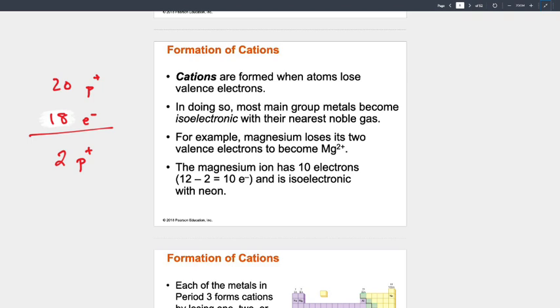Aluminum can lose 3 and look like neon, 13 to 10, or it could gain 5. Which is easier, losing 3 or gaining 5? Losing 3. So aluminum becomes +3.